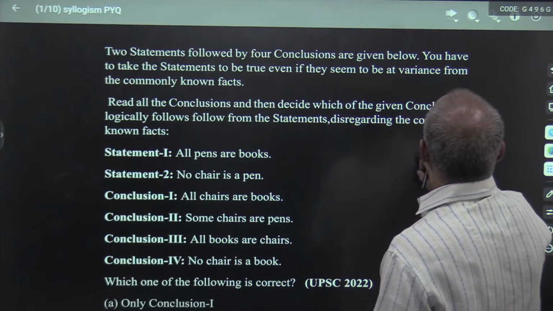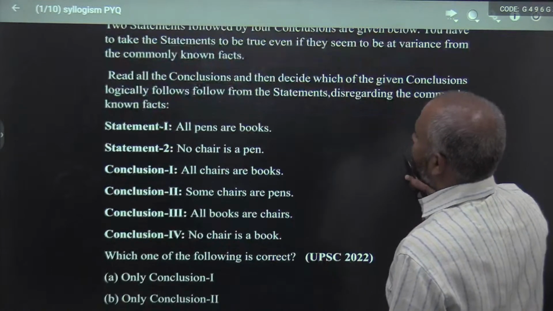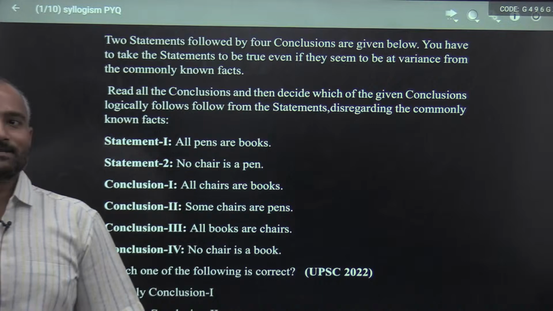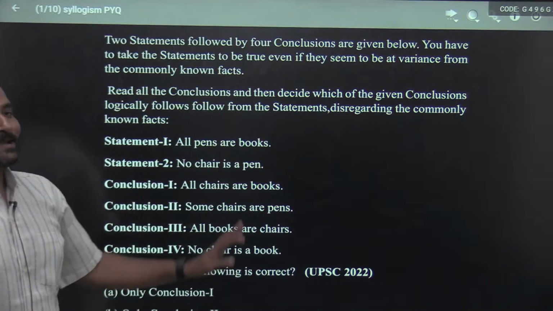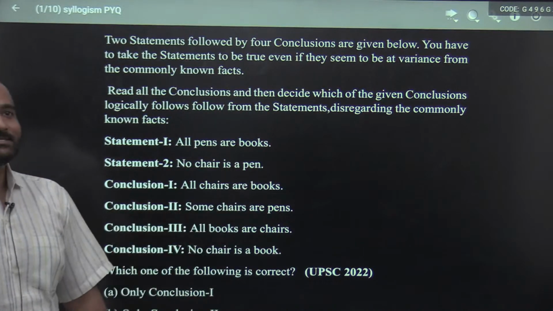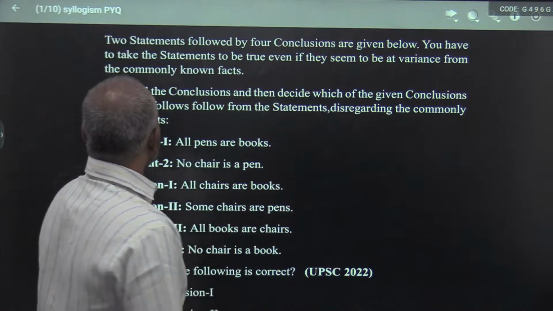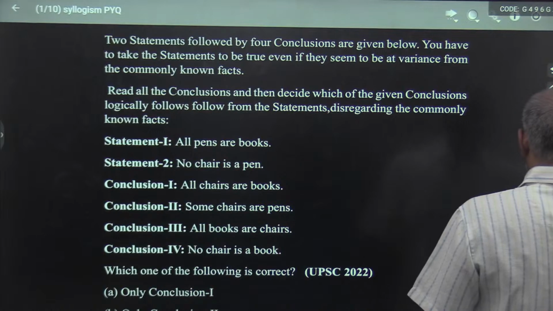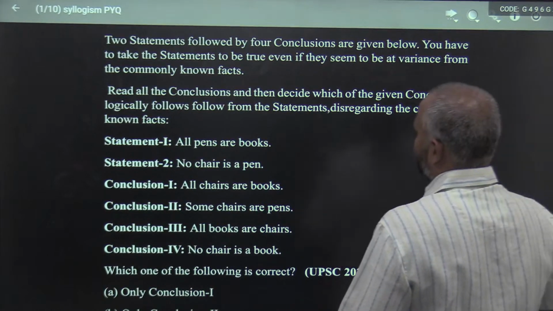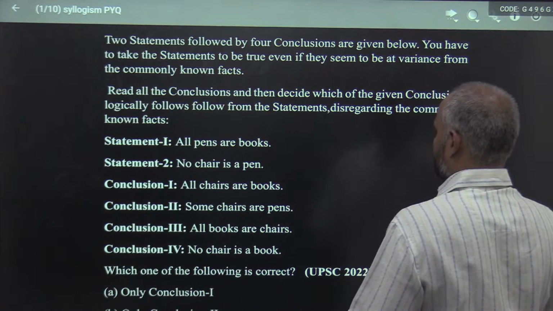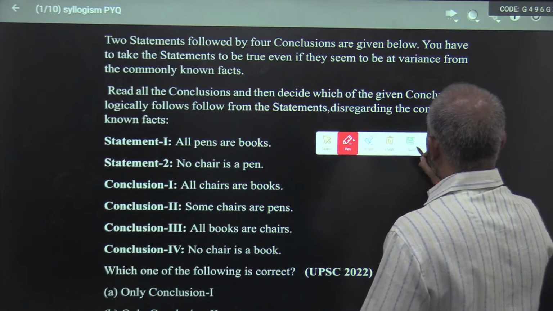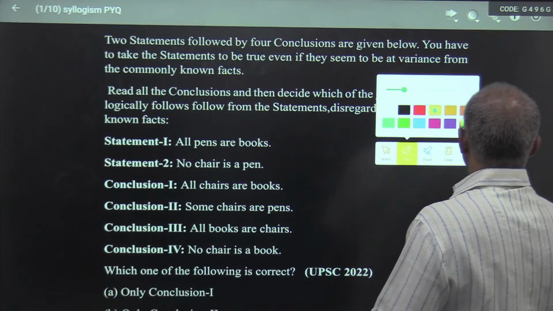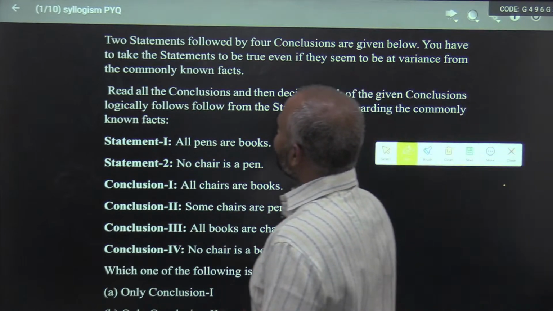Okay, let's start. I'm going to give you a timer of 45 seconds, at max 1 minute. Since we are starting at the first, at max 1 minute, I want you to solve. This is a 2024 question.